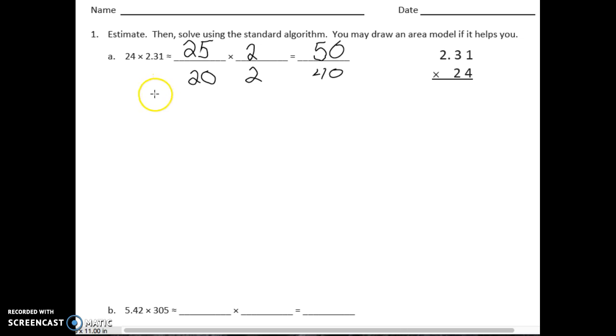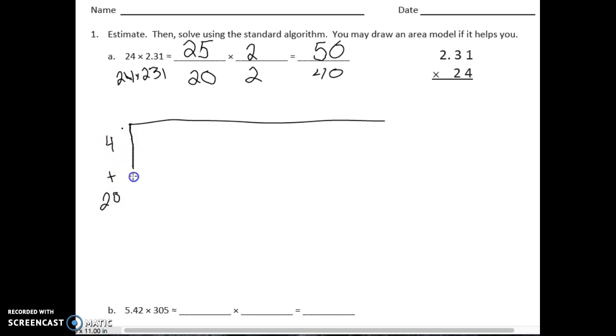I'm going to multiply times 100, and then that way I know that I will divide by 100 at the end, but I won't have to worry about the decimal till the end. So this is going to be 24 times 231. And so if we have our 24, we can say 4 plus 20 to get us there.